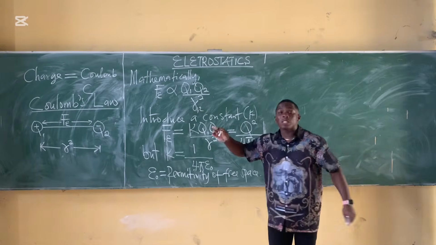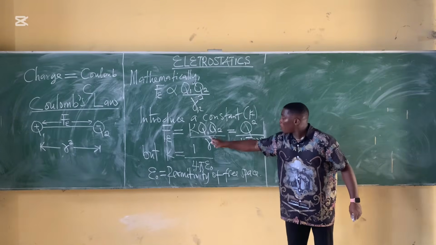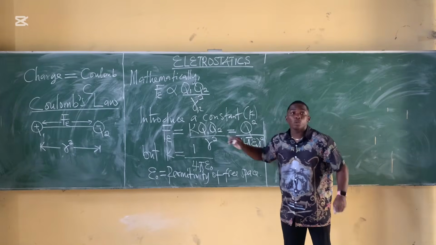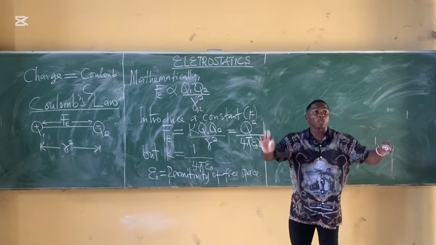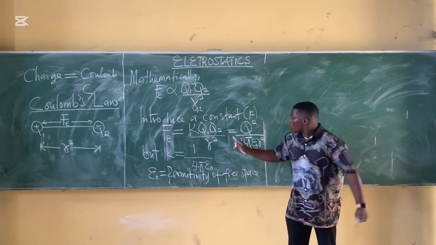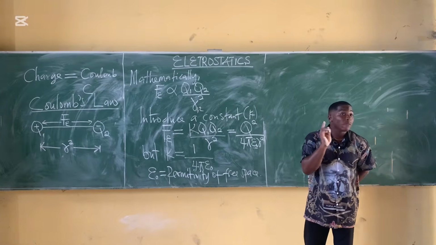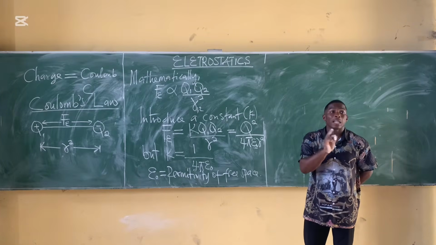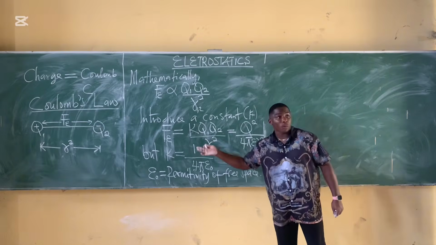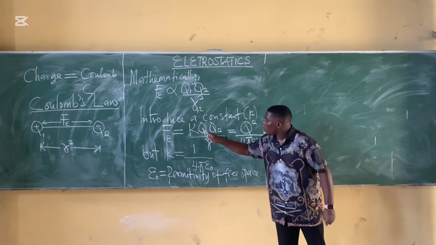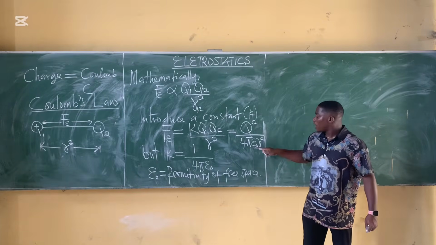Since Q1 and Q2 have the same magnitude, we can represent them as Q, because both of them are point charges. Two test charges do not have the same magnitude, but two or more point charges can have the same magnitude. That is why point charge is what we use in Coulomb's law. So instead of writing Q1 Q2, I can just represent them with Q squared over 4 pi E naught R squared.